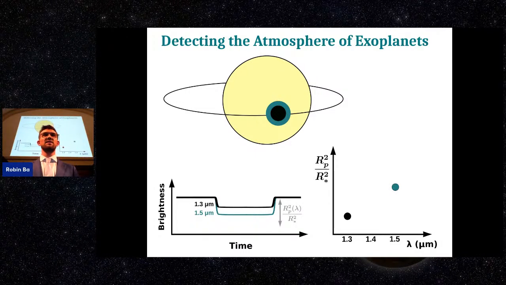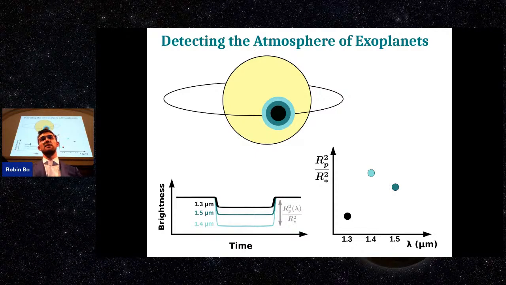Then let's finish this little graph. We can also look at light at 1.4 micron, and it might be that the atmosphere looks even bigger, that the planet looks even bigger, and we can put the final dot on our diagram. Now, what does this mean? Well, this is an observation of a so-called transmission spectrum.